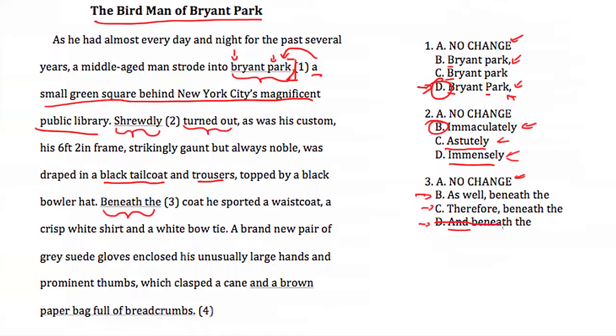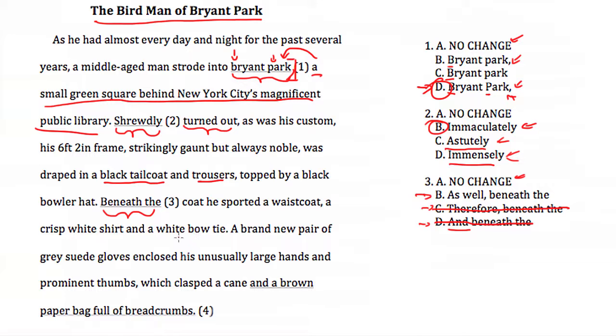So I'm going to say that D is probably incorrect. Therefore tells us that this sentence is because of the previous sentence. So the previous sentence is talking about how he's dressed, and so is this sentence. So this second sentence doesn't really explain the previous sentence. So therefore it doesn't really work. I'm going to say that C is also wrong.